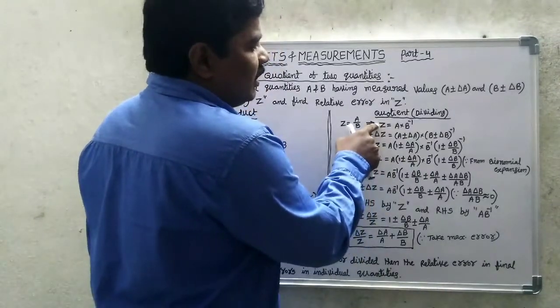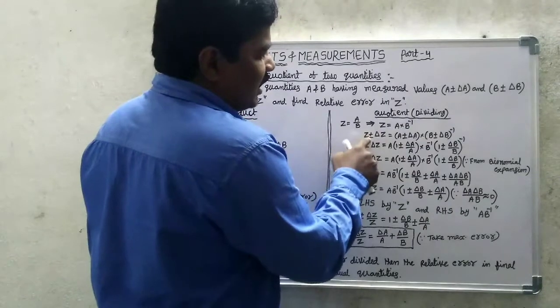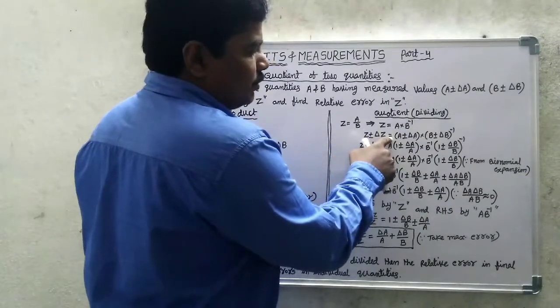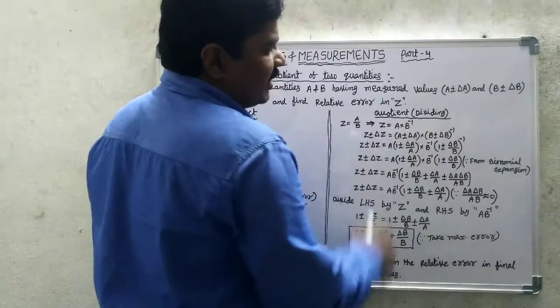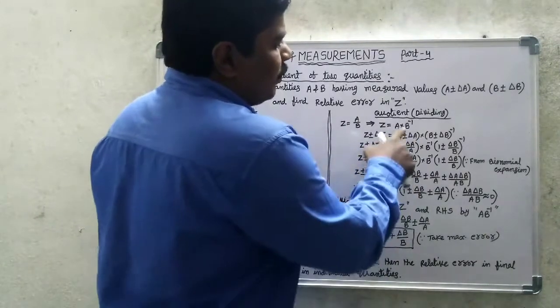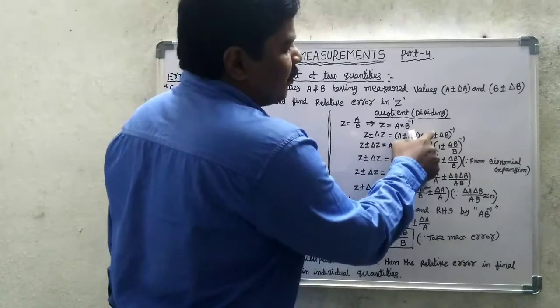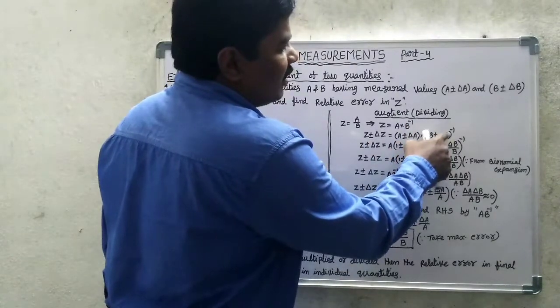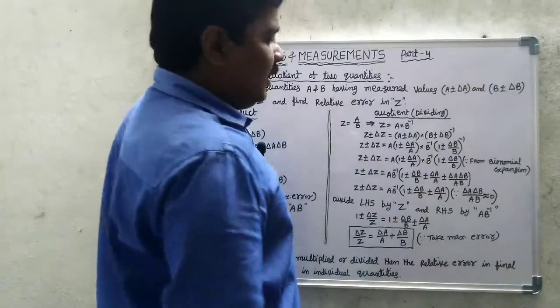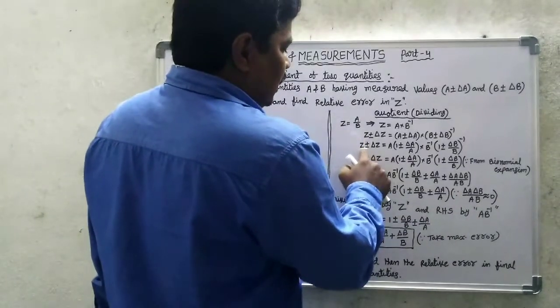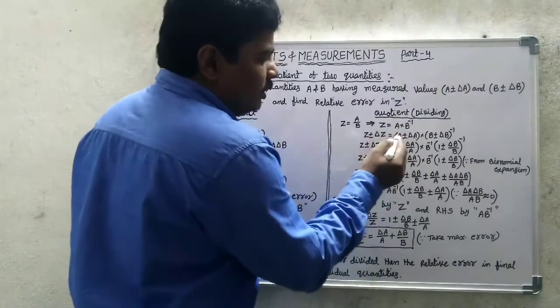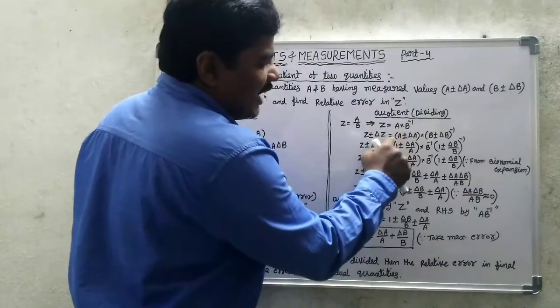So the measured value of Z plus or minus delta Z is equal to the measured value of A plus or minus delta A into the measured value of B plus or minus delta B to the power of minus 1. Now Z plus or minus delta Z is equal to, we take A as common here.